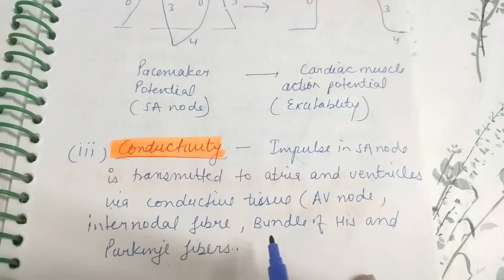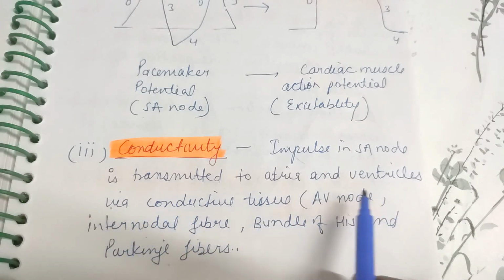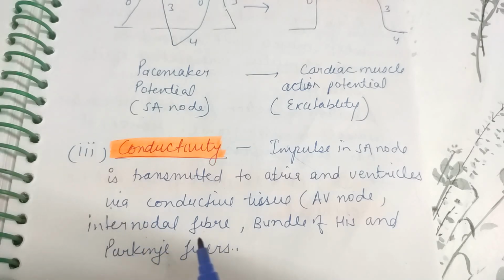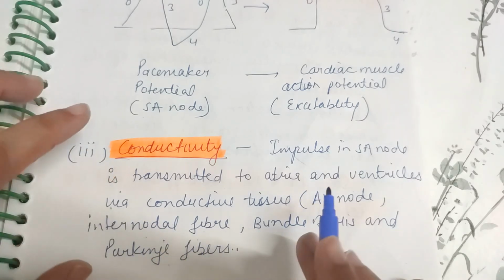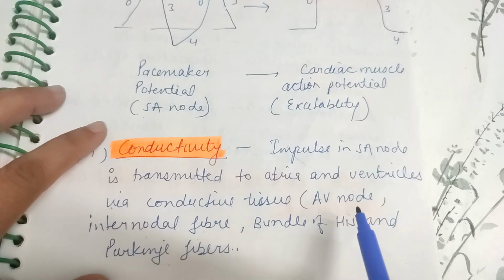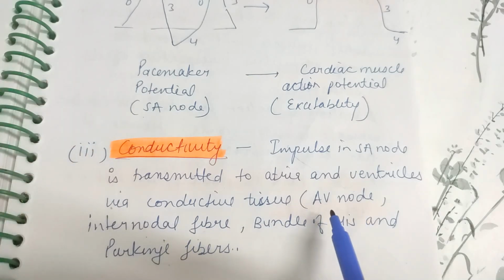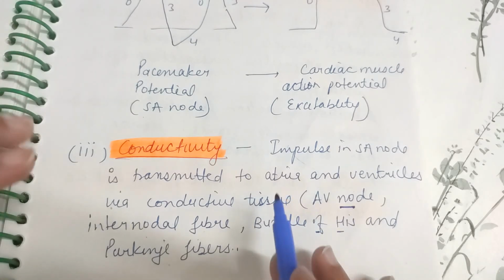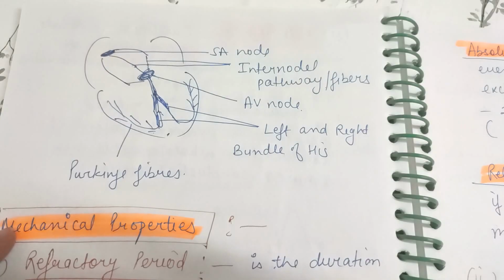In our first video of the cardiovascular system, when we talked about the functional anatomy of the heart, we discussed the conductive tissue of the heart, so you can visit that for details. But whenever it is asked, you have to draw these fibers and tell about the conduction speed of these fibers and their location. That will cover the conductivity part.